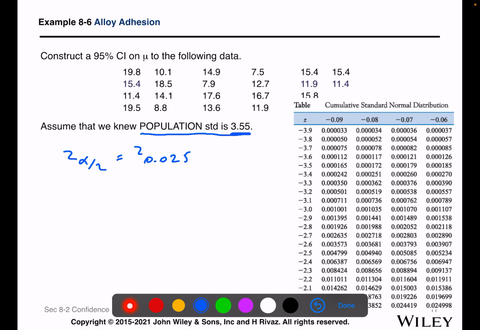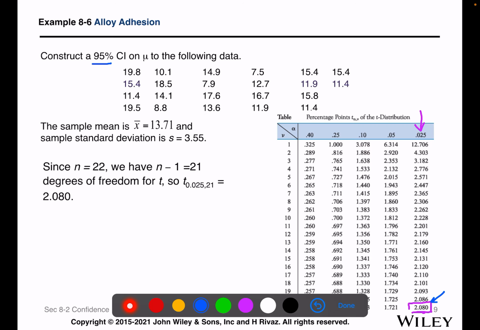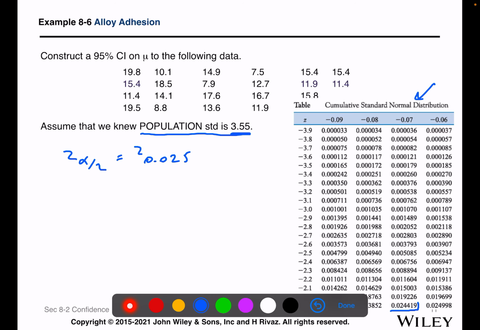And that z is, if you solve enough questions over time, you memorize that, is this number. So in the table, so this is the normal distribution. So the previous table, if I go back, this table was for the t distribution, right? Here, since we know the population standard deviation, we have to use the normal distribution, right?